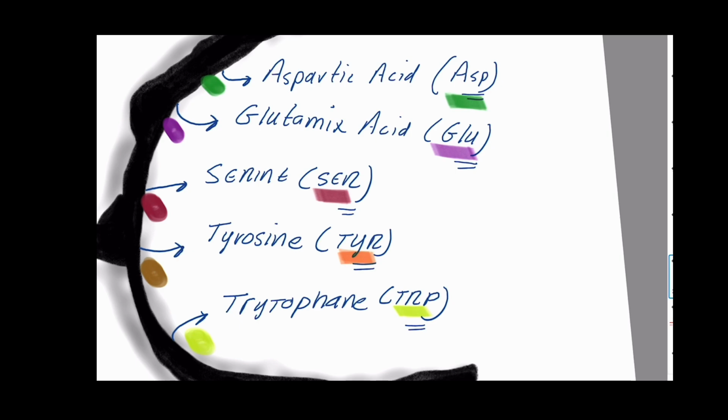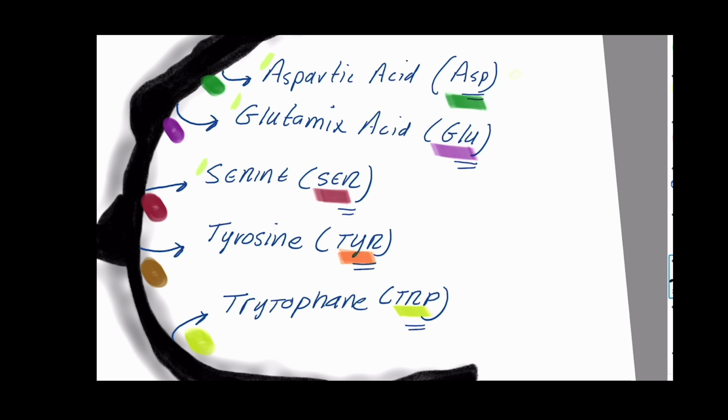So in a G-coupled protein receptor, there is an abundance of amino acids such as aspartic acid, which you can see right here, right? Let me get something that shows up a little more. Aspartic acid, right? We can see that right here. Glutamic acid, these are amino acids, right? You see that right here. There's a lot of serine in there.